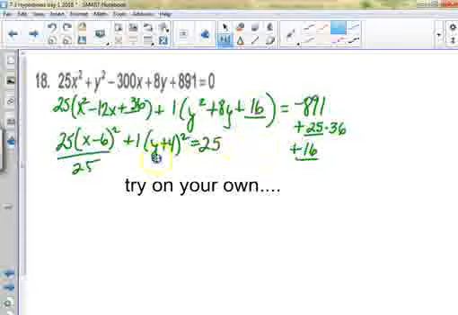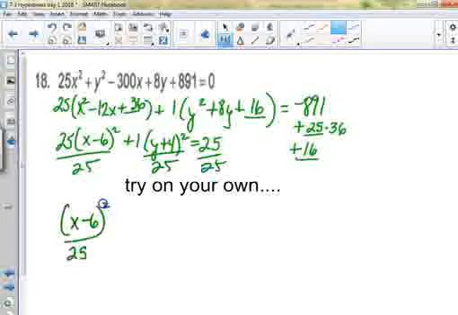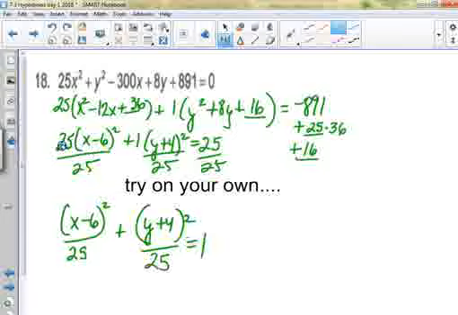Then if I divide everything by 25, ellipse or hyperbola? What did I do wrong? 25 over 25, that one should be 1 right there. Okay.